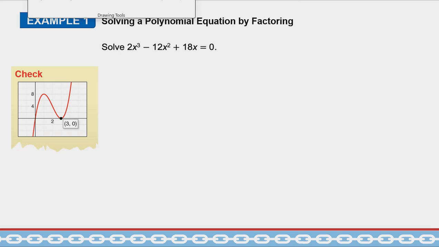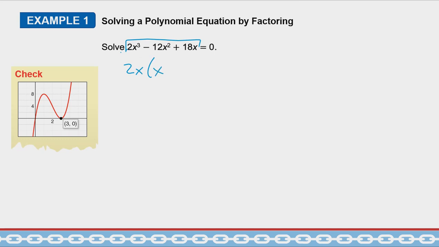But if you are asked to do these by hand, you are going to need to work to factor out this expression here. So I see out of the 2x to the third minus 12x squared plus 18x, they're all divisible by 2, and I can divide away an x from all three terms.